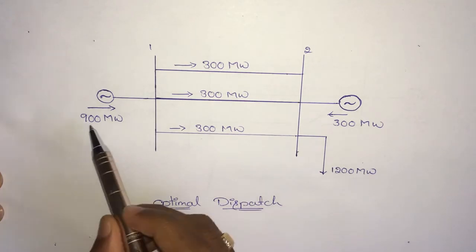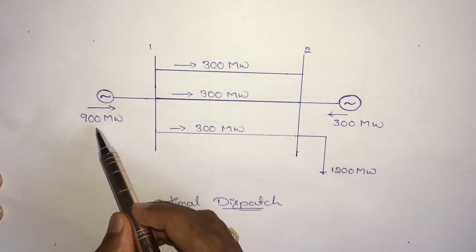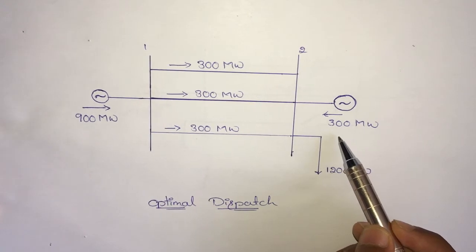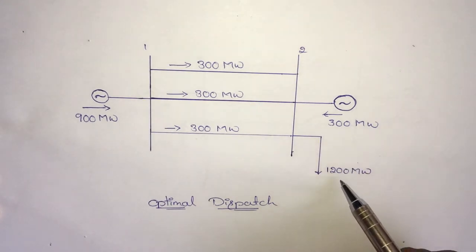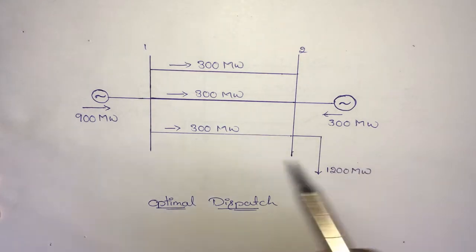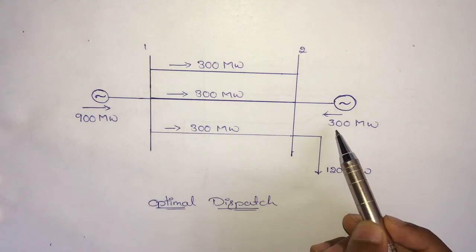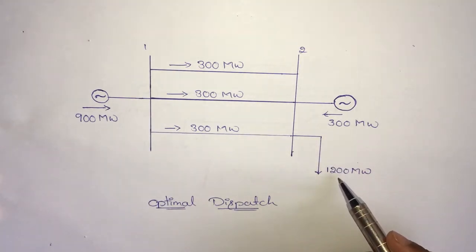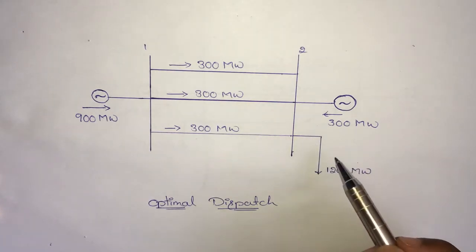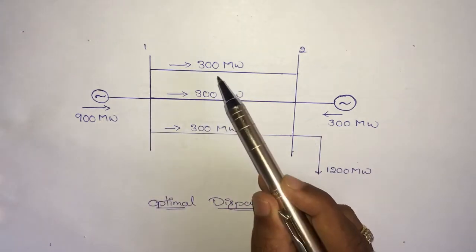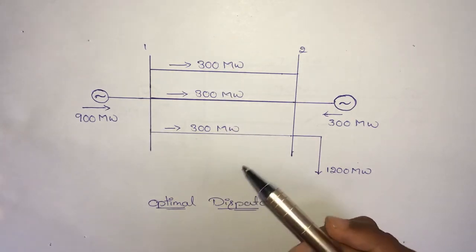The first generator is supplying 900 megawatt, the second one is supplying 300 megawatt, and our total load is 1200 megawatt. The load is near our second generator. 900 plus 300 is a total generation of 1200 megawatt, and we have a load of 1200 megawatt. The 900 megawatt is equally distributed here, 300, 300 and 300.